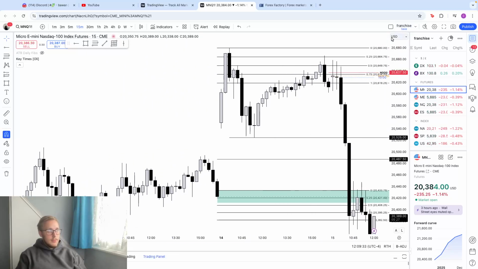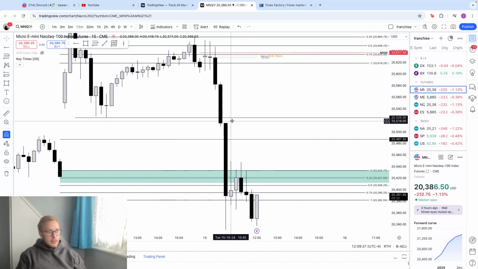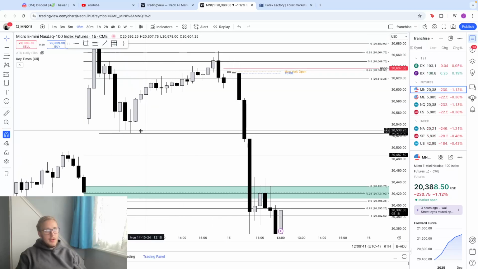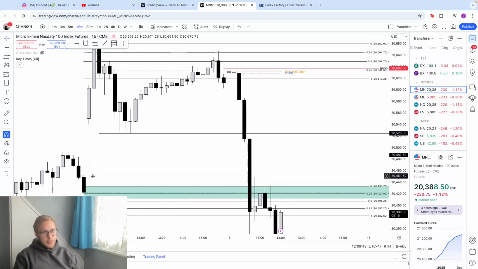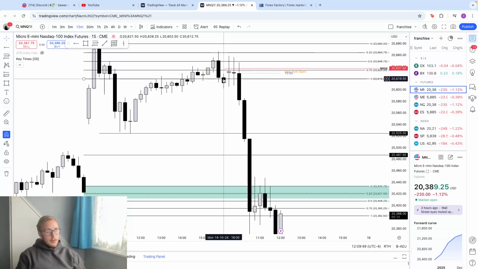As you can see, this is the wrong day. Okay, the reason my eyes gravitate towards here is because we had a prominent daily opening gap, but here we don't. So we open right here.